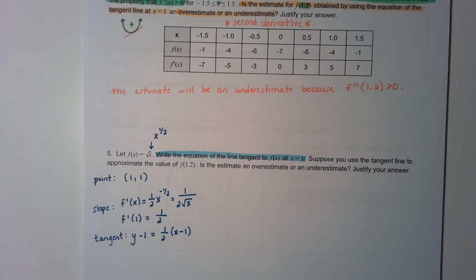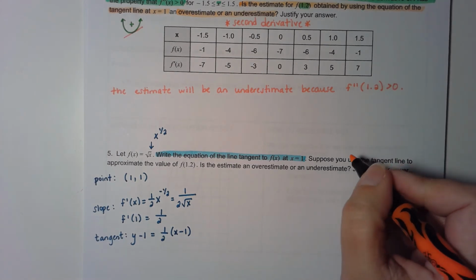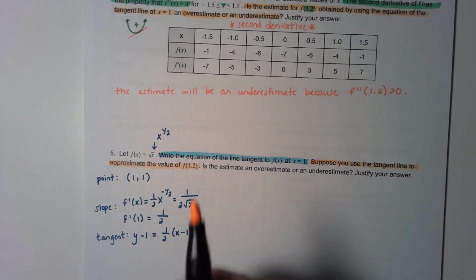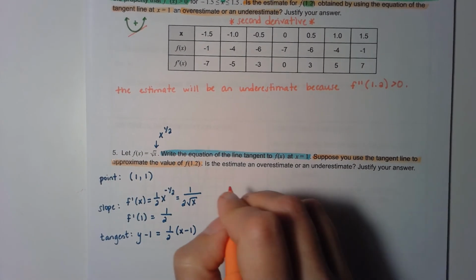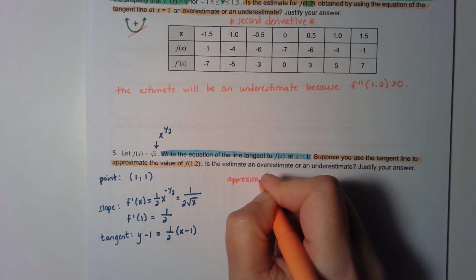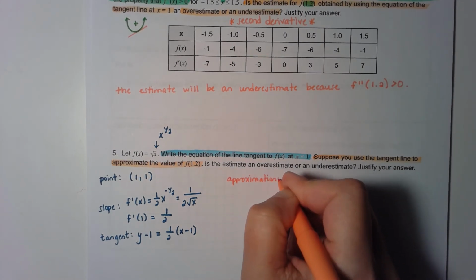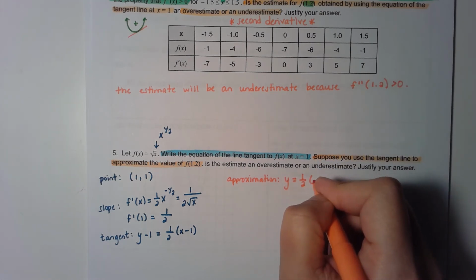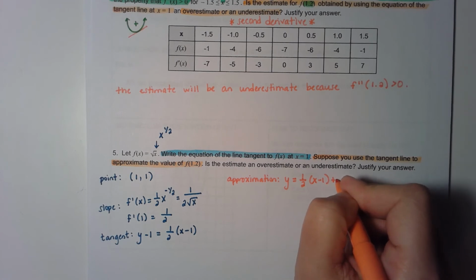Now, suppose that you use the tangent line to approximate the value of f of 1.2. So let's approximate. I'm going to move my 1 to the other side: 1/2 times x minus 1 plus 1.